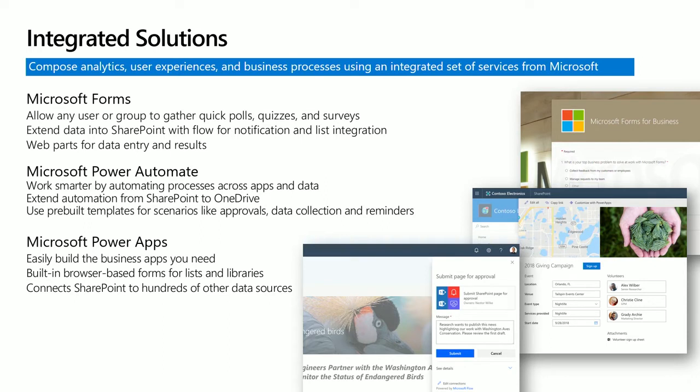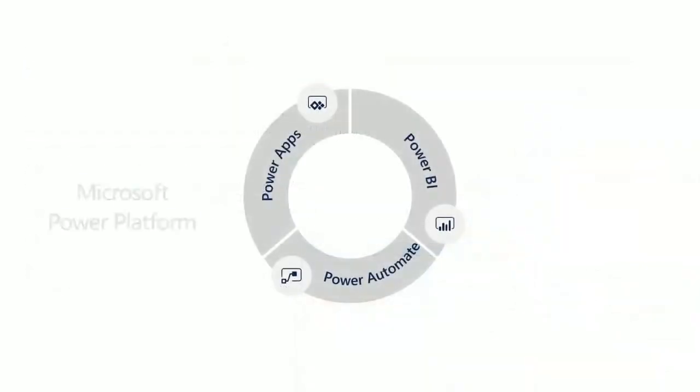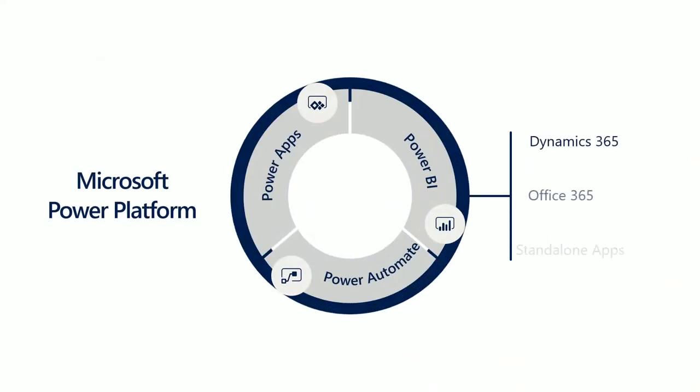So that's where SharePoint comes into play, and how SharePoint experiences can be integrated into the Power Platform, giving users the flexibility and rich capabilities of those business applications when you build your business apps. Power Platform is basically integrated into all of our products.